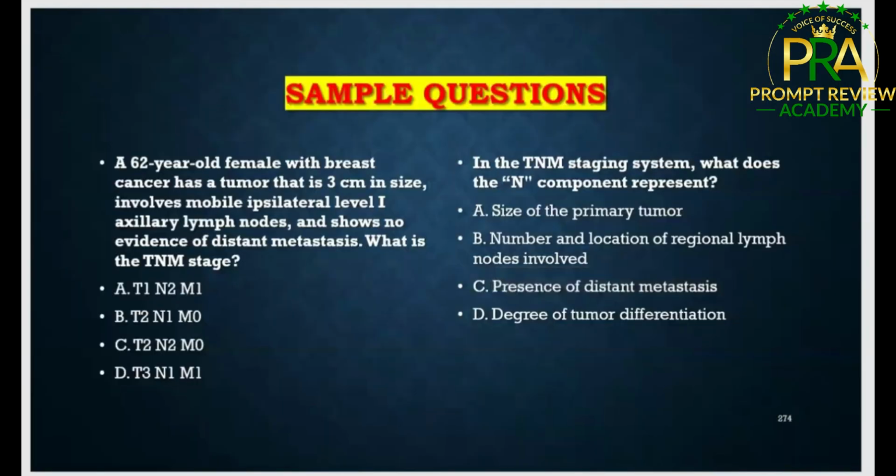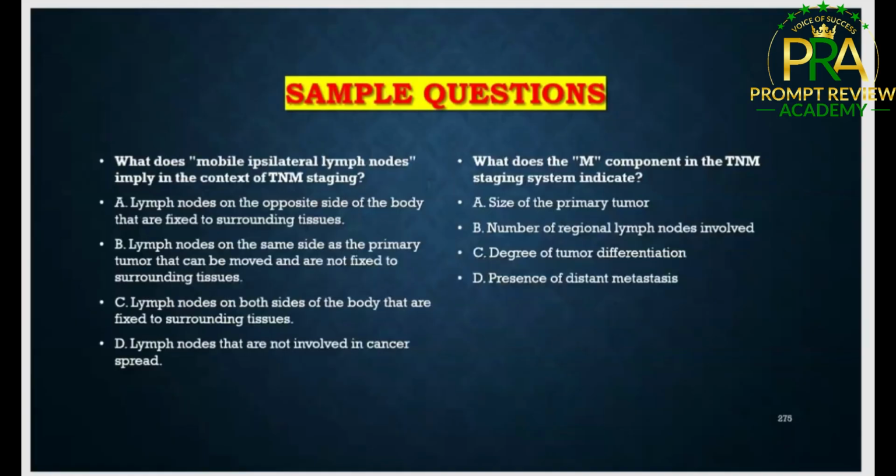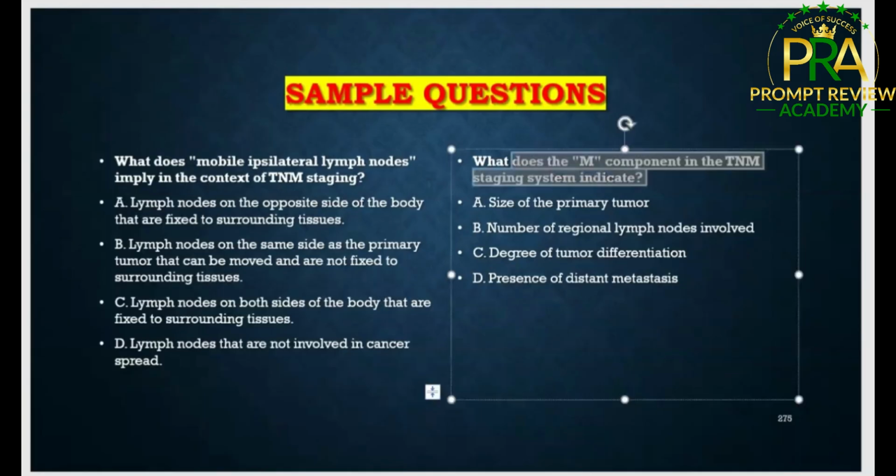So let's do one more. What does the M component in the TNM staging system represent? M is your distant metastasis. So if you select distant metastasis, you are correct.